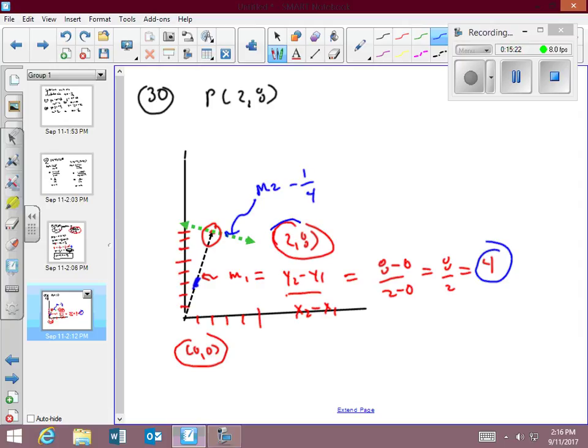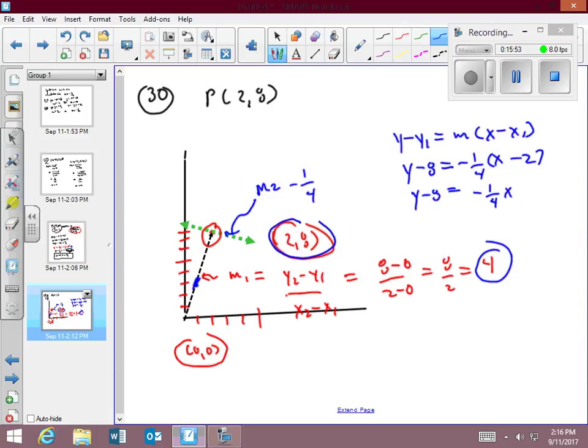And it's going through this point, so now we take our equation y minus y1 equals m(x minus x1) and substitute the point and the slope in. y minus 8 equals negative 1/4 (x minus 2). Put a bracket on that. So we have y minus 8, distribute the 1/4, so it's negative 1/4 x plus 1/2.